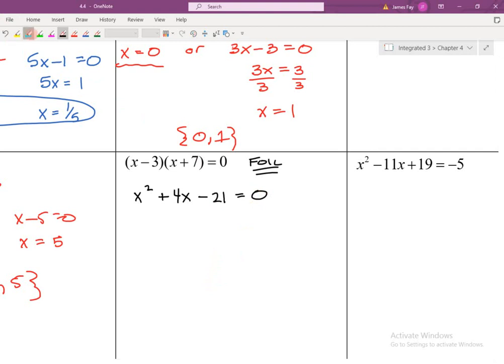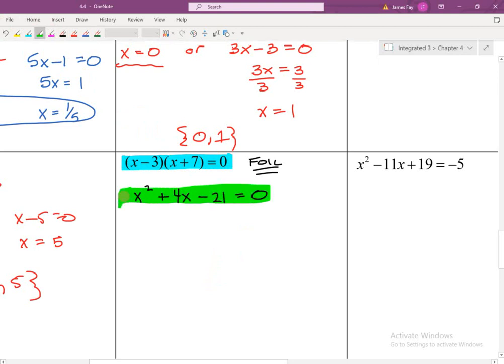Okay, so the blue equation is exactly the same thing as the green one, right? The blue one we say is factored, and the green one we say is expanded. Sometimes they call it standard form or quadratic form, but they generate the same thing.